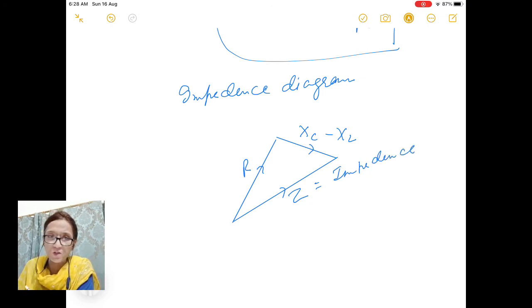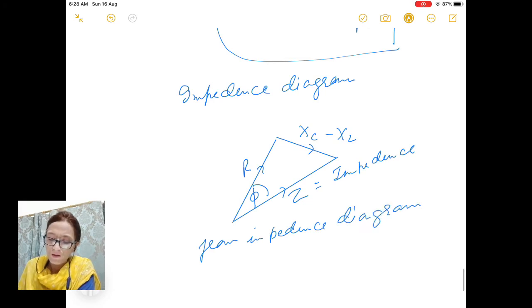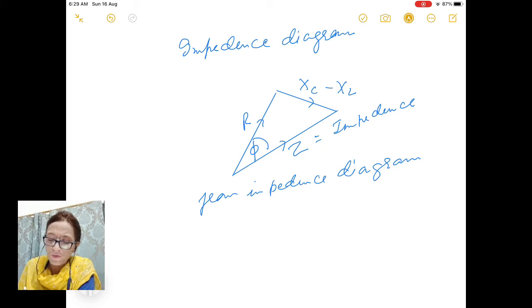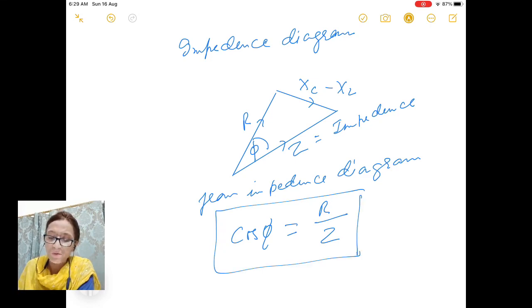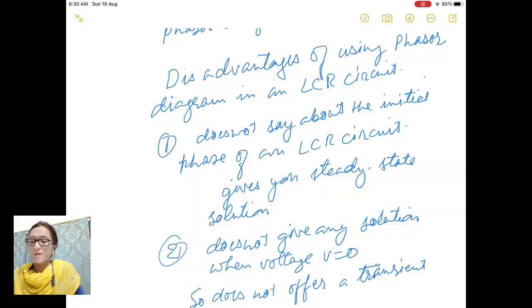So this diagram is called the impedance diagram, and here you have angle phi. So from the impedance diagram you can find cos phi is equal to base R by hypotenuse Z. So this was about the impedance diagram.